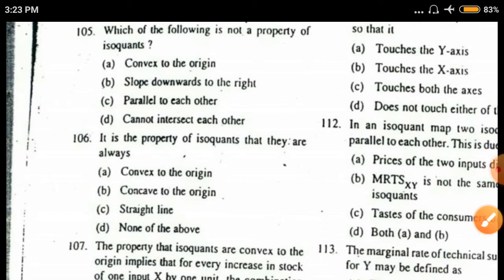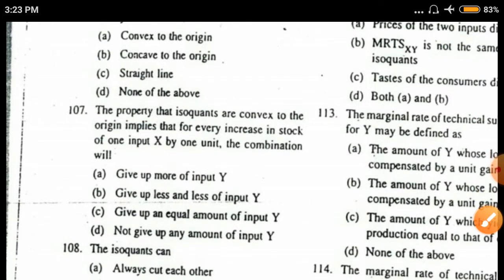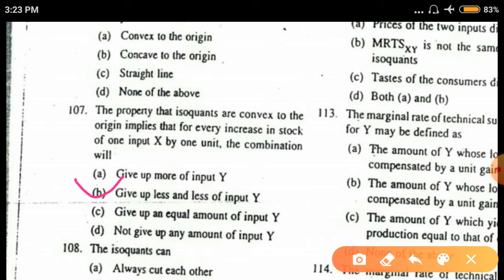Option A. Question number 107. The property that isoquants are convex to the origin implies that for every increase in the stock of input X by 1 unit, the combination will give up less and less of input Y. Option B.